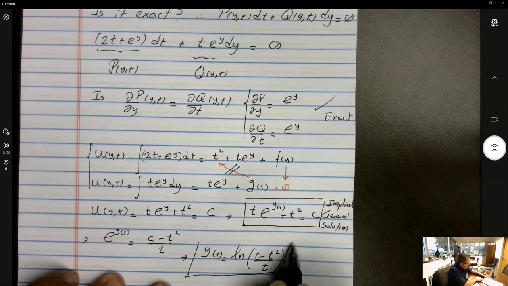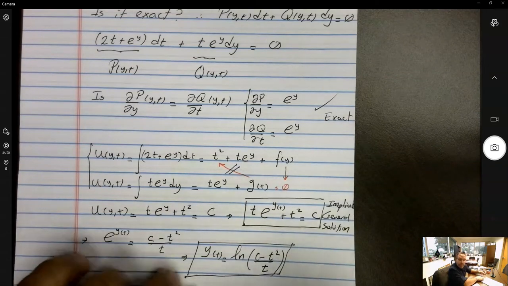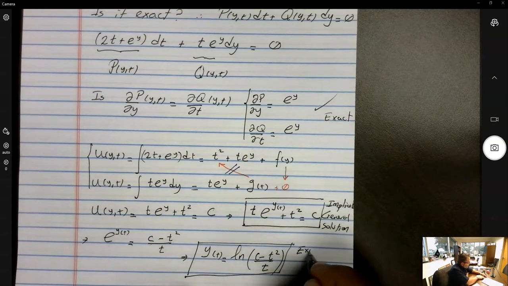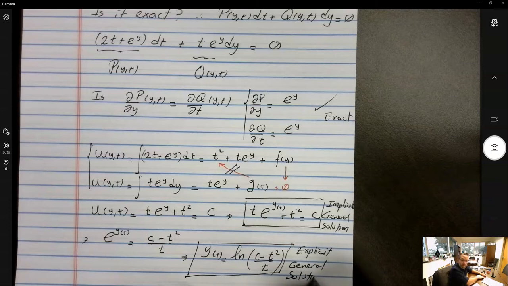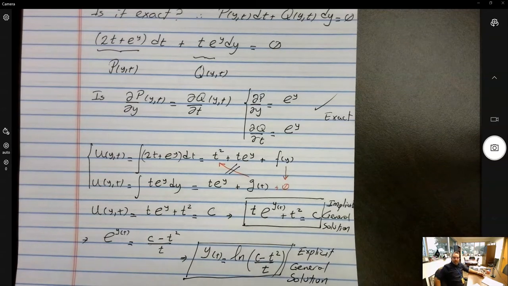In this particular case, we were able to find the explicit general solution. But again, that's not necessarily possible, and even if it's not possible, the solution is still correct. This is a solution to the differential equation.